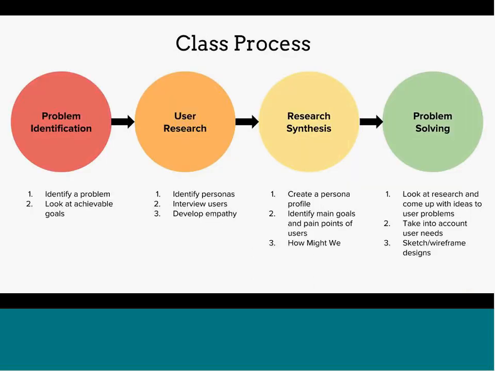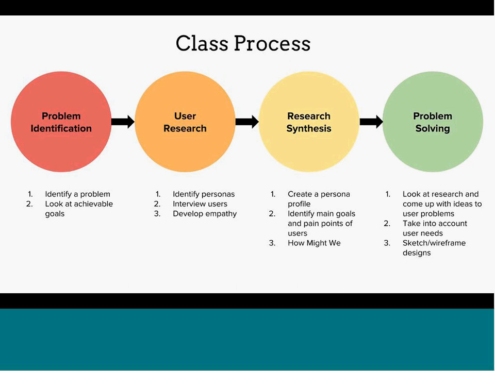So this is the process. I outlined the UX process, but this is what we'll be going through in the class. So we're going to start with product identification. I have outlined a specific problem that we'll be working on throughout the class and look at the goals of that problem. Then to user research, where we will talk about personas, we'll interview users, and we'll develop empathy. And then for the research synthesis, we'll be creating a persona profile.